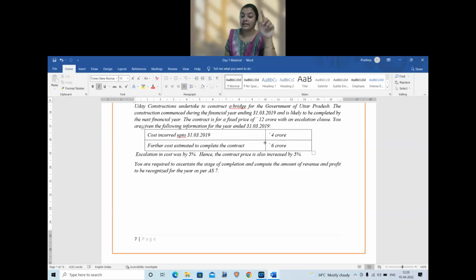But here we should remember that there is a price escalation. So the price escalation should be considered for revenue as well as cost. 2 minutes time, try the answer. Work out the answer and then we will discuss.